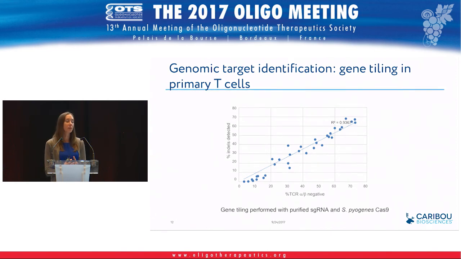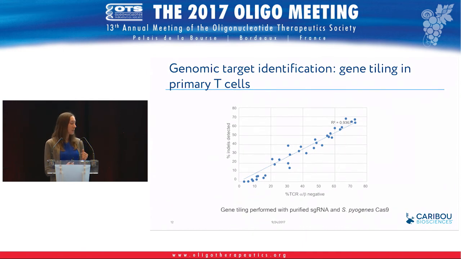Now, in this particular case, TRAC is part of a cell surface receptor, of course, the T cell receptor, and so not only can we look at genotypic information through targeted deep sequencing, we can also look at functional outcomes and expression or loss of expression of the TCR on the cell surface.